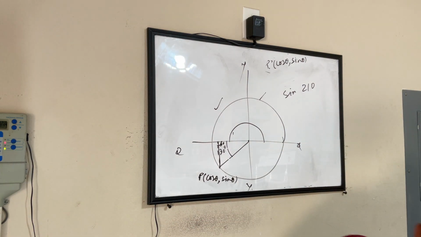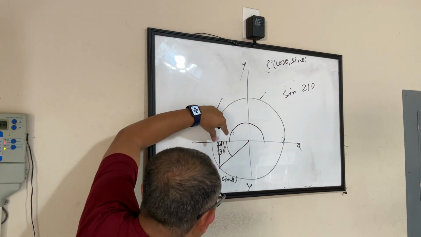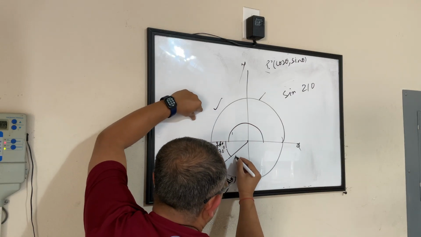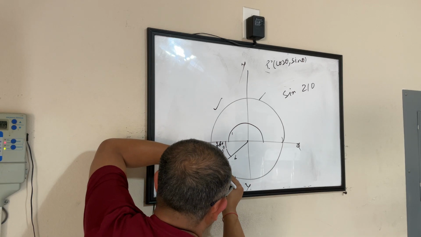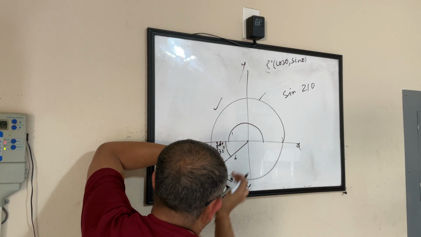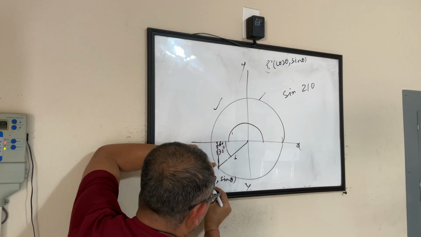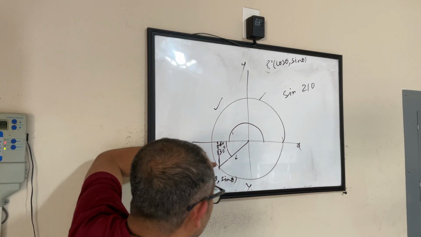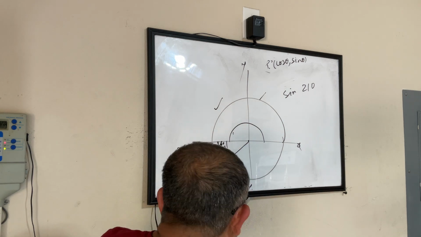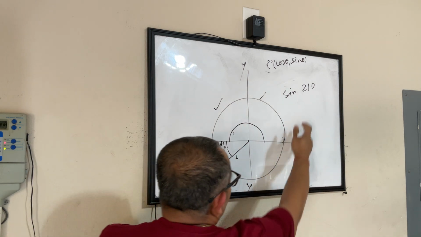But still, I know that this is 1 unit. So if I find out my x coordinate and put a negative to that, that will be my value of cos 210 degree.